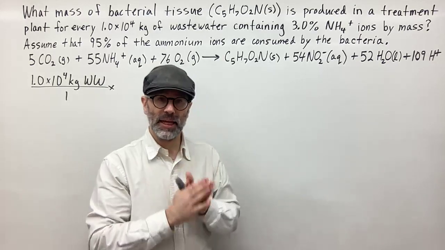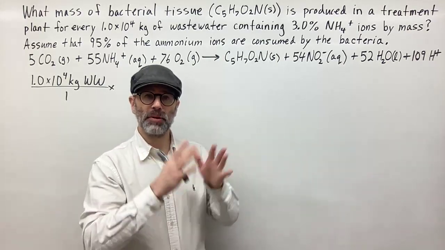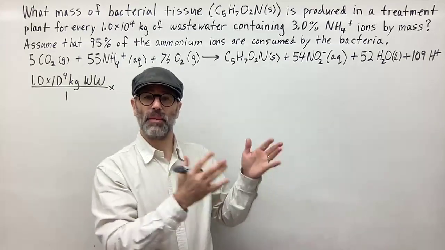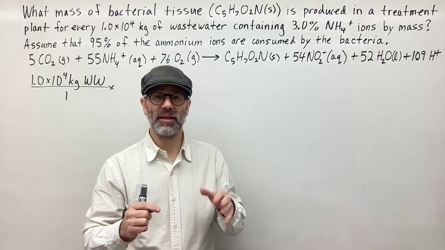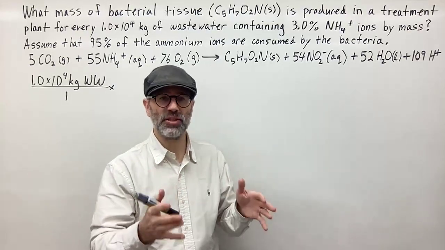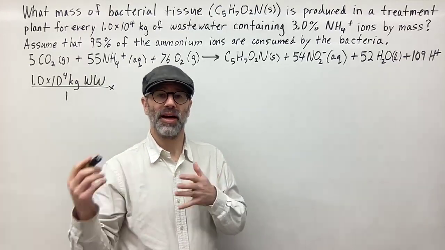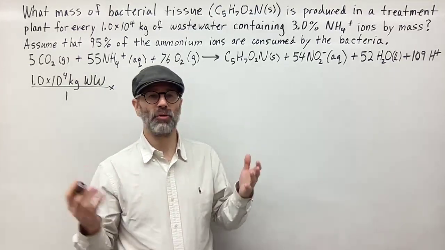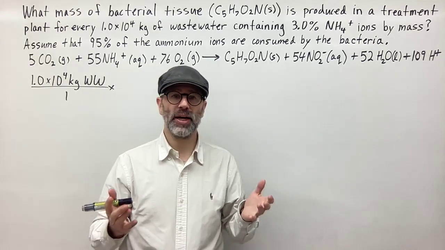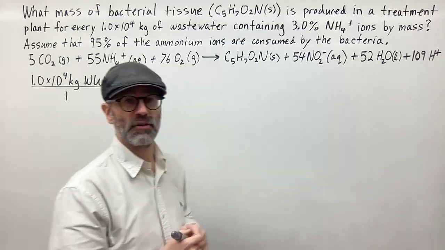So if the percent is out of 100, they're saying that 3% of the wastewater is ammonium ions. What does that mean? That means out of 100 units of the wastewater, 3 of those units is going to be ammonium ions. And that unit, we can make anything. So since they give us kilograms, we can just go ahead and convert that to kilograms of ammonium.